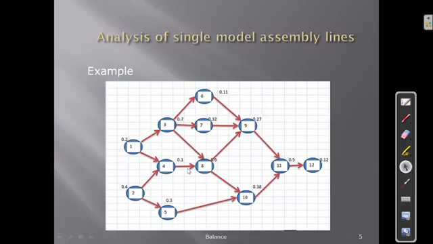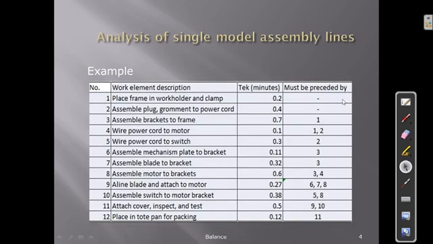First of all, we have to draw the predecessor diagram. This is the first step of a line balancing problem. We take first the elements without a predecessor. As I already told you, if there is nothing here, it is the starting stage of that particular station.